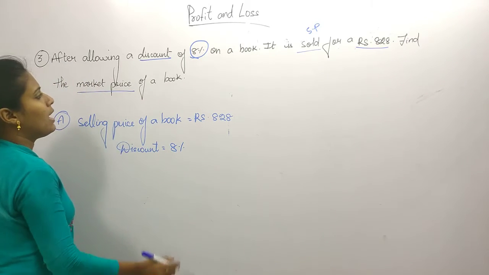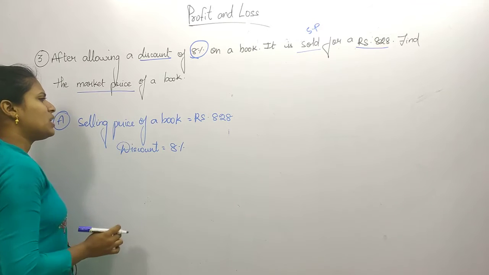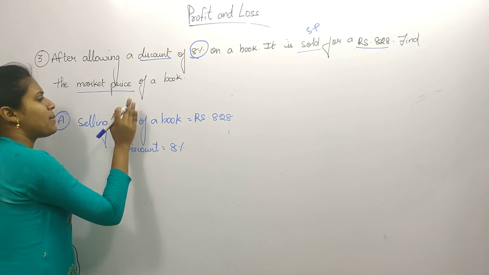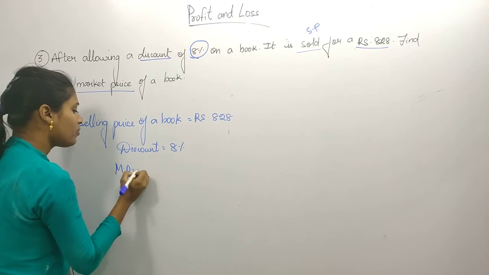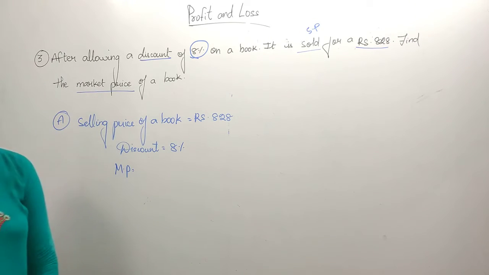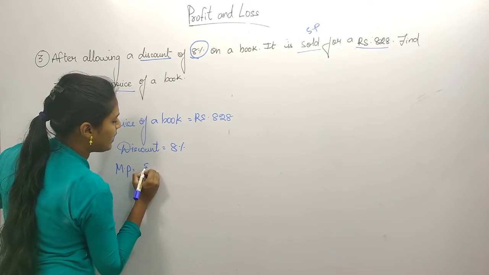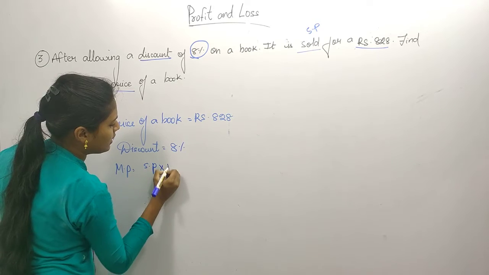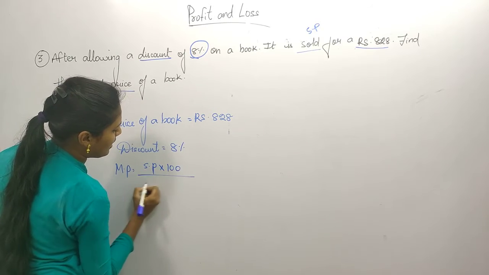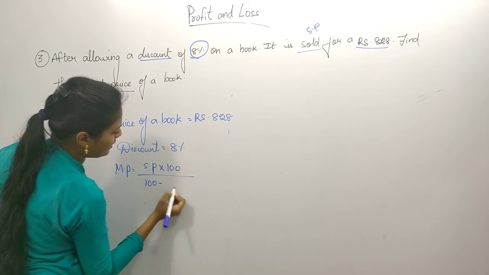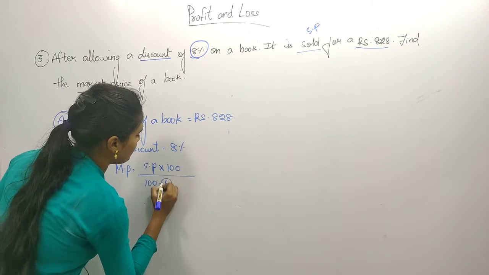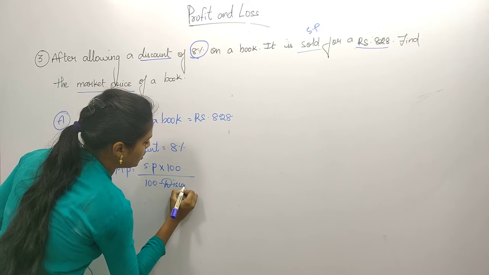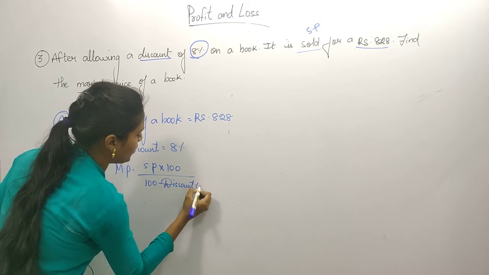And finally, what was he told to find out? It is given directly in the question to find the market price. Market price MP is equal to, as in the previous class we discussed the formulas, selling price into 100 by 100 minus discount percent.